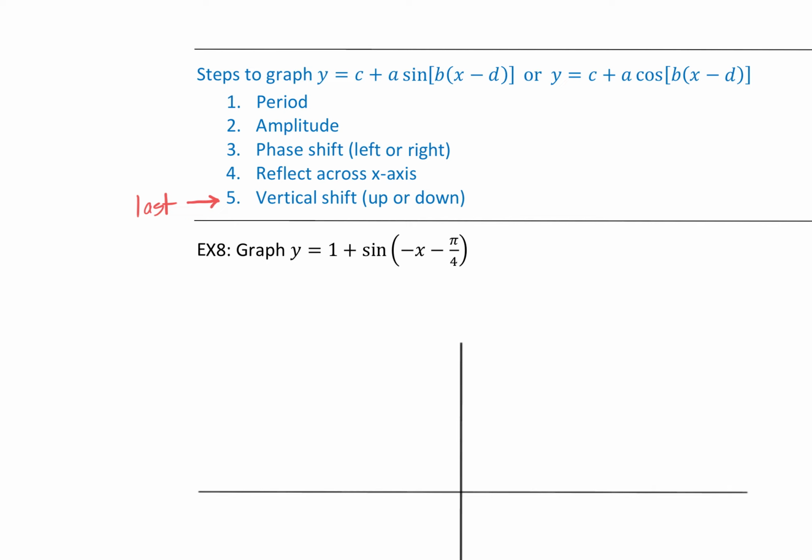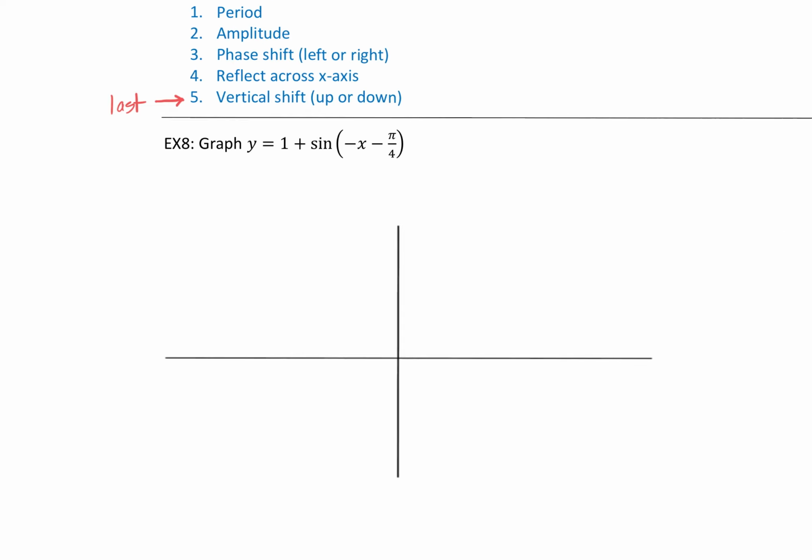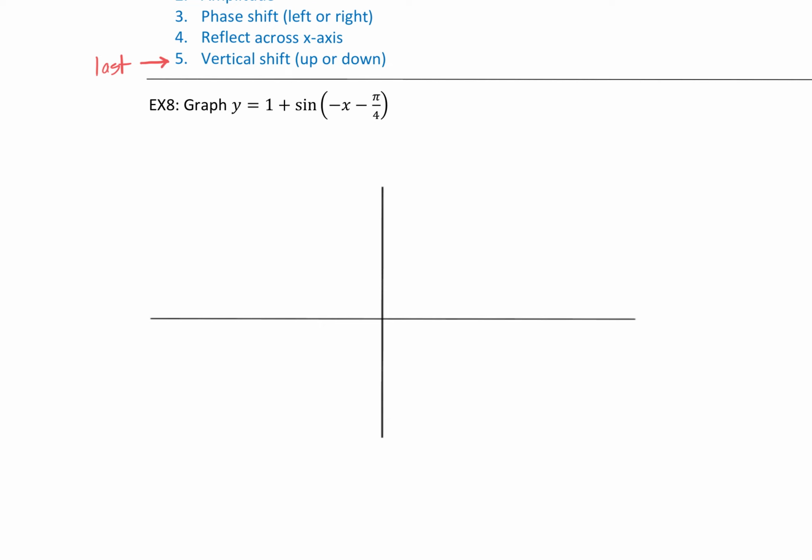For me, it's easier to do my left and right, because a reflection across the x-axis just means all the zeros stay where they are, negatives go positive, positive goes negative, not a problem. And then the last always has to be any shift up or down. We're going to just do one graph where we have more than 2 transformations. On an exam, you would have at most 2 transformations, and then we'll stop here.